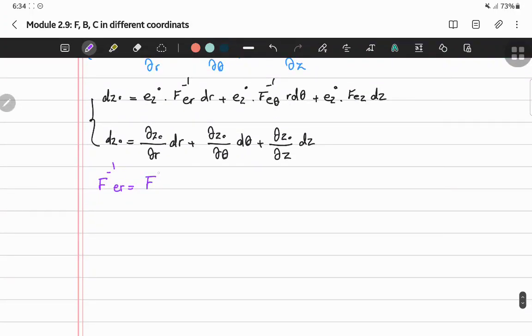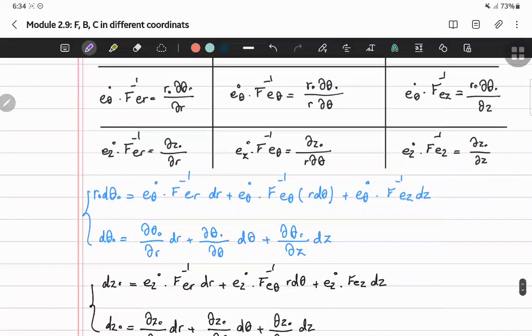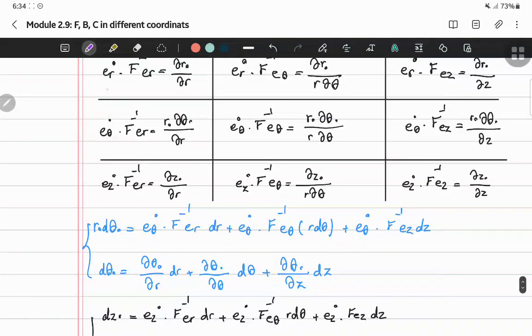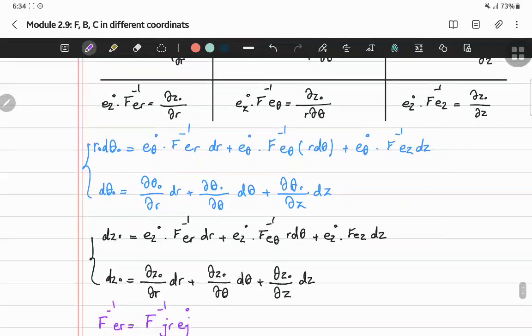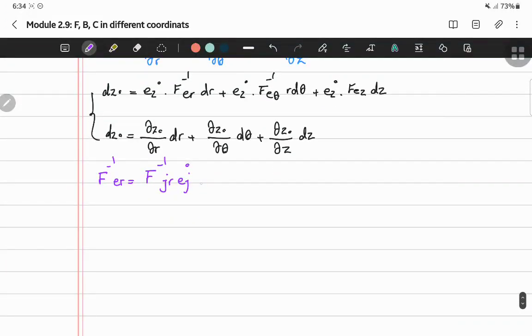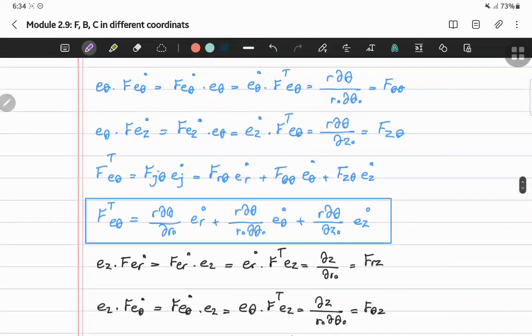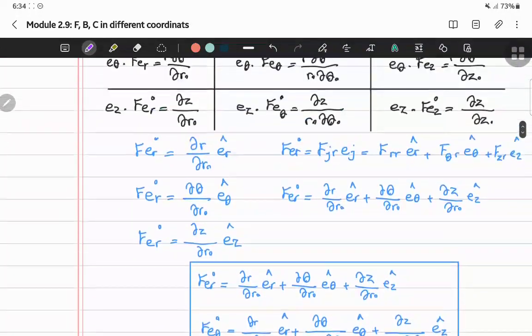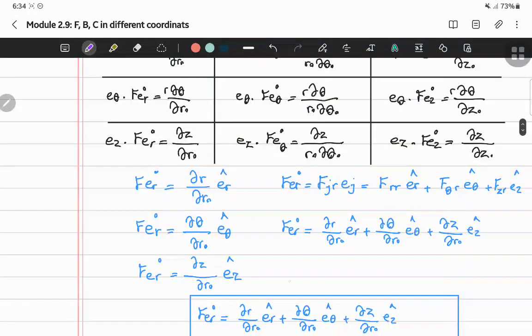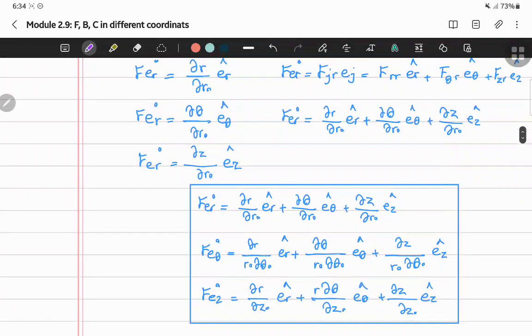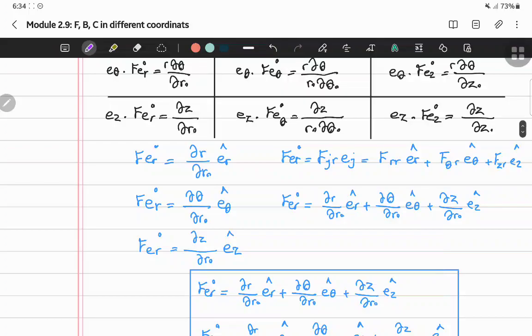So we have F inverse Jr eJ0, because here we have e theta 0, er0, and ez0, and here J is r, theta, and z. The same strategy we utilized in here. So I'm going to write this again, but instead of F er0, I'm going to find F inverse er.